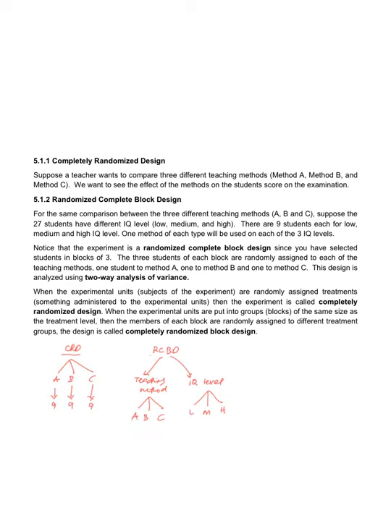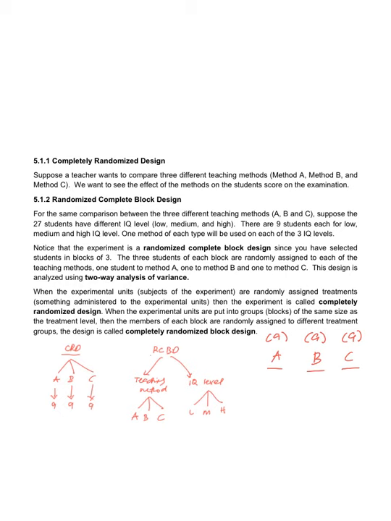Okay, so the illustration is like this. Let's say kita ada teaching method A, B and C. Okay, so untuk setiap teaching method ni kita akan ada 9 student, betul tak? Sebab kita ada total of 27 student.